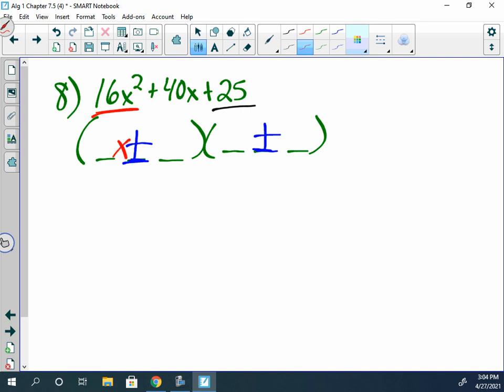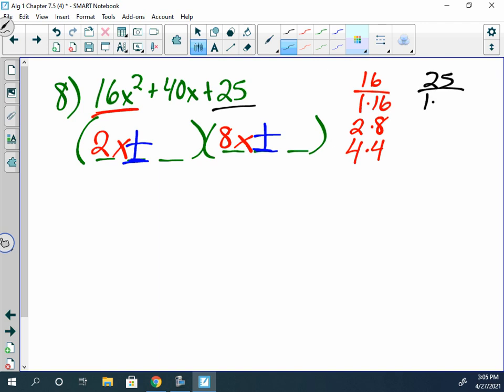Well, 16x squared, I know I'm going to have x and x. Now we do need to find the factors of 16, which is 1 and 16, or 4 and 4, or 2 and 8. So which one do we want to try first? About 2 and 8. Okay. Now, 25 is 1 and 25, or 5 and 5. Which one do we want to try first? 5 and 5.